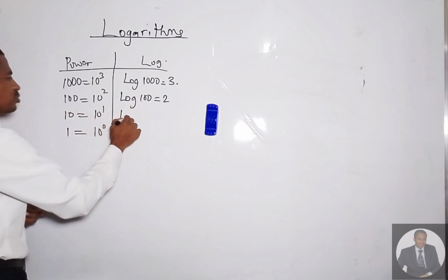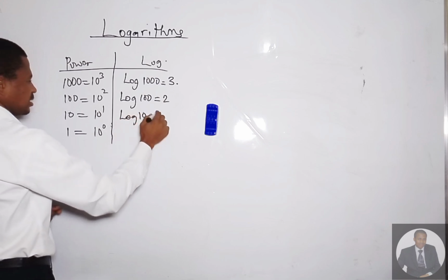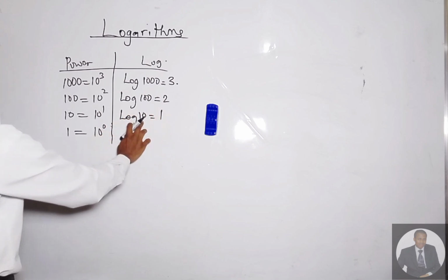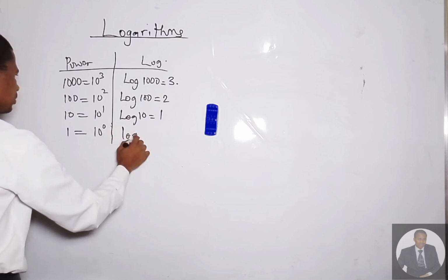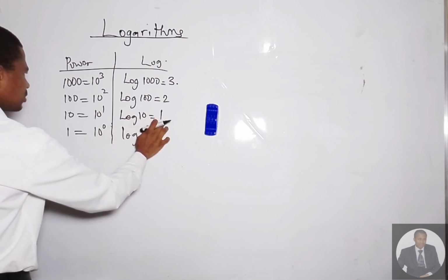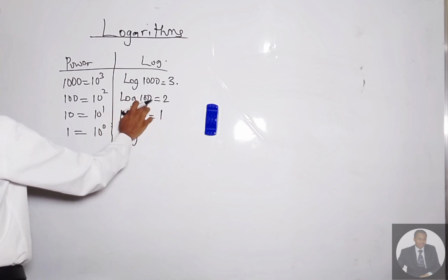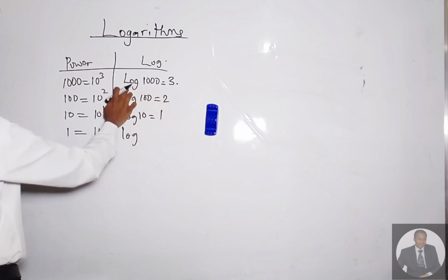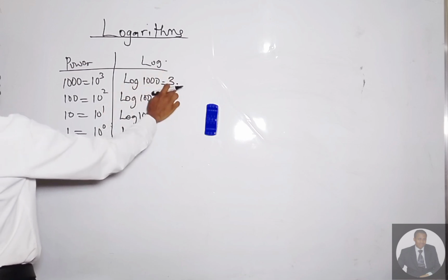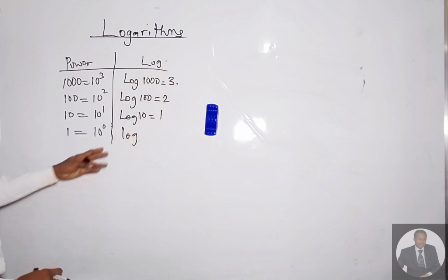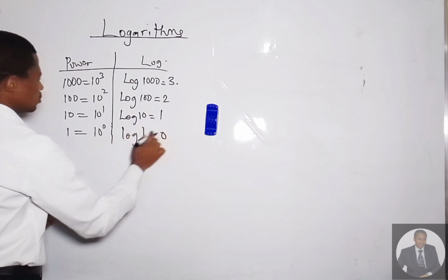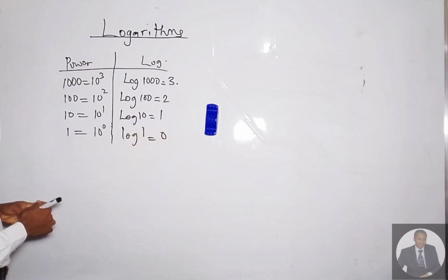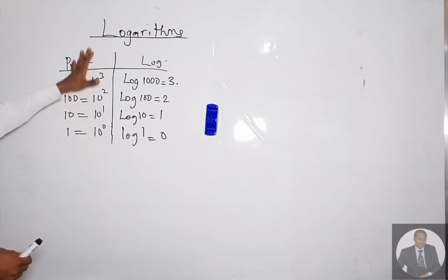So the power to which 10 is raised is the logarithm. The logarithm of 10 is 1. The log of 100 base 10 is 2. The log of 1000 base 10 is 3. So the log of 1 base 10 is 0.